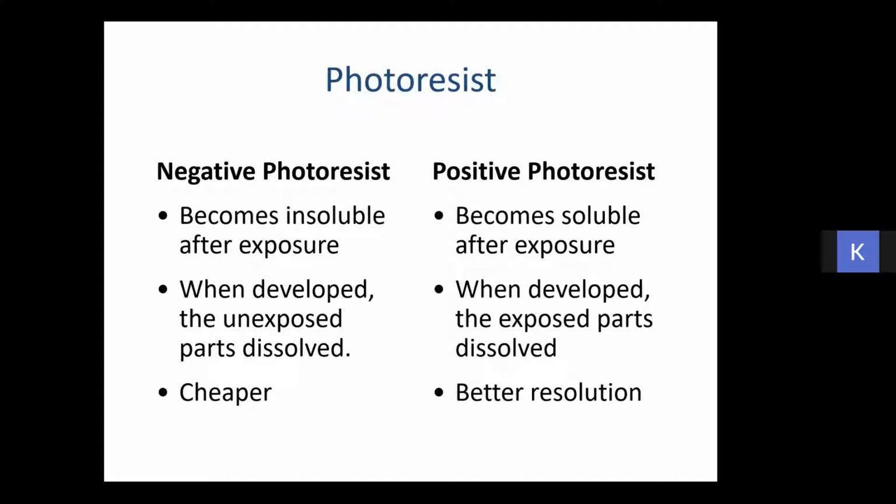Then you understand that it is a negative photoresist. When just the opposite happens, that is a positive photoresist. In that case, the soluble part will be the exposed region, that is, the region where the resist reacted with the light will become soluble when it is put in the developer solution.